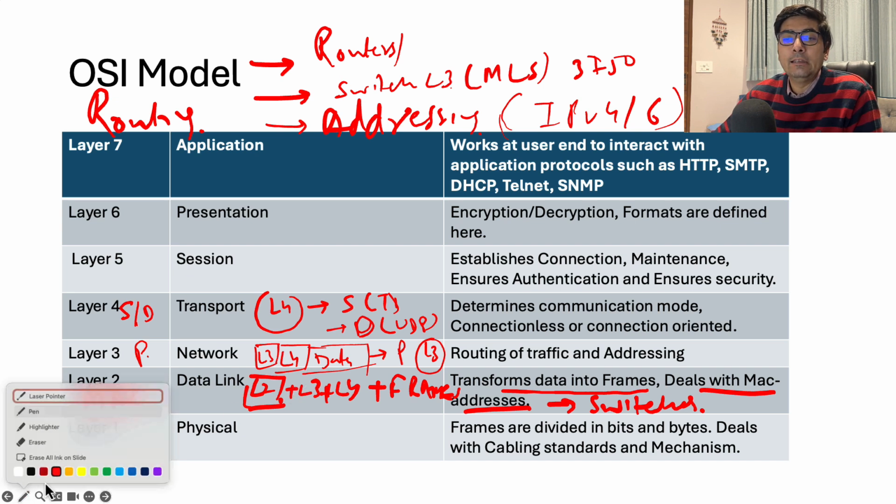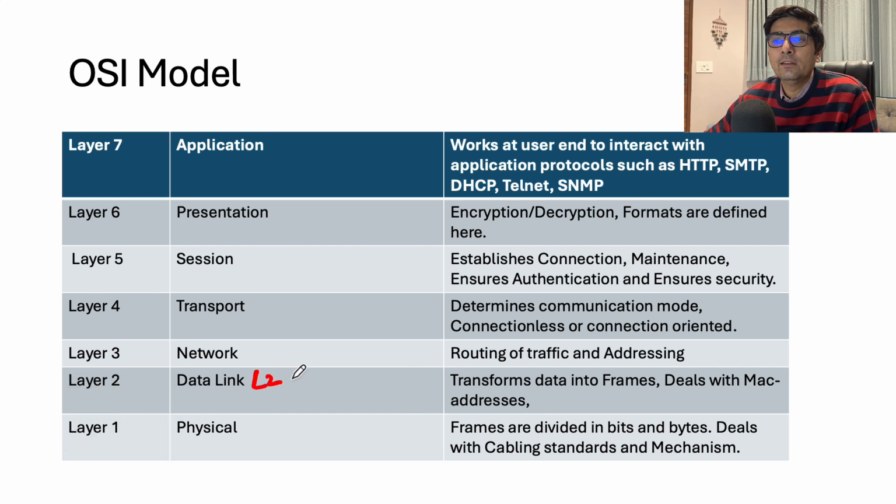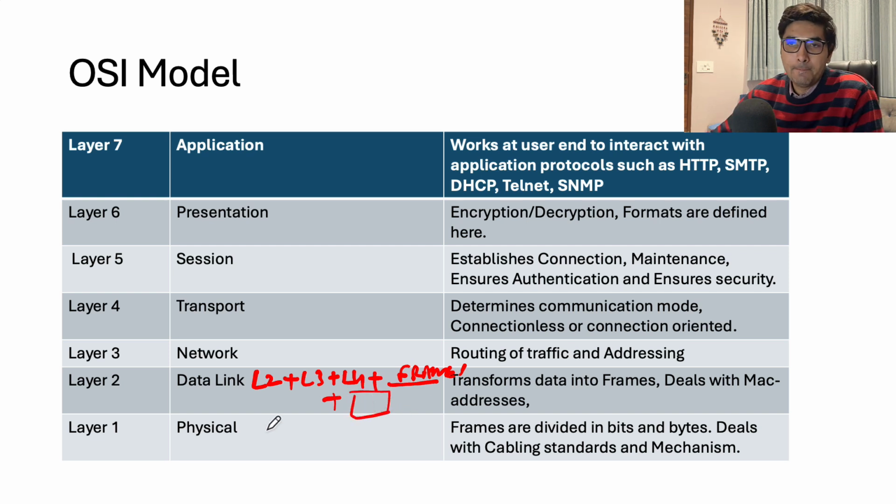Let me clear it. So at this layer, one layer 2 header is added on top of the layer 3 header plus layer 4 header. Then the packets are divided into frames, and then a trailer is added, which contains source MAC and destination MAC.